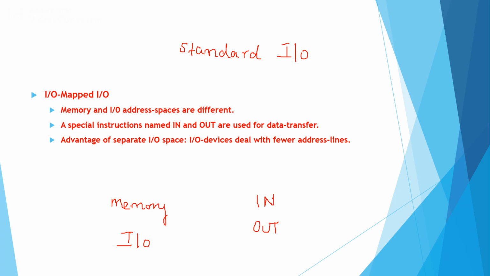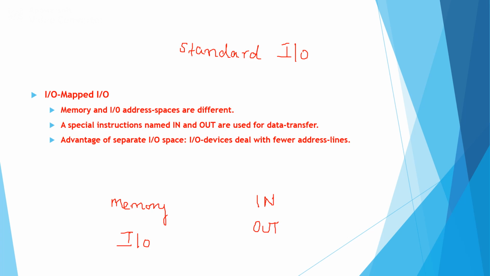The advantage of separate IO space is that IO devices deal with fewer address lines, resulting in small decoder size and simpler hardware.